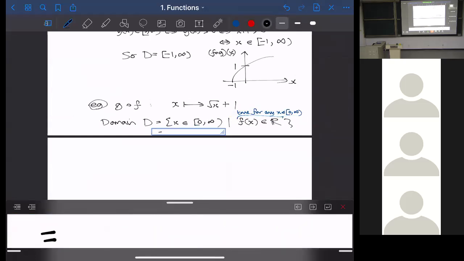So this is equal to the interval 0 to infinity. So let's do a graph.